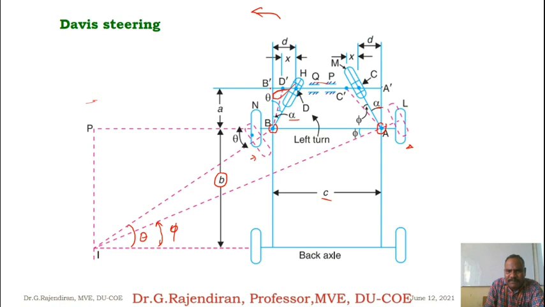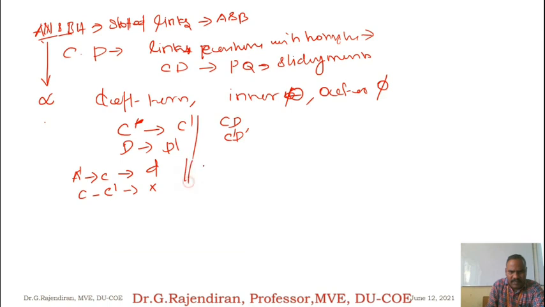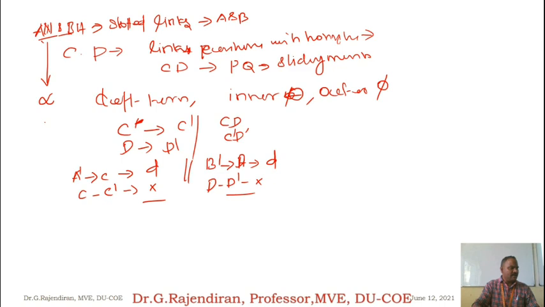Similarly, the distance between B dash and D is D, and D to D dash is X. Clear?